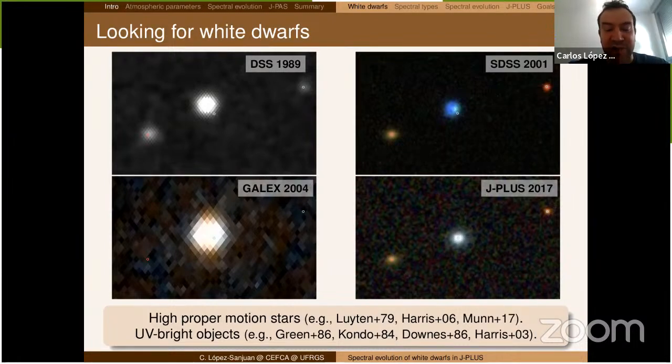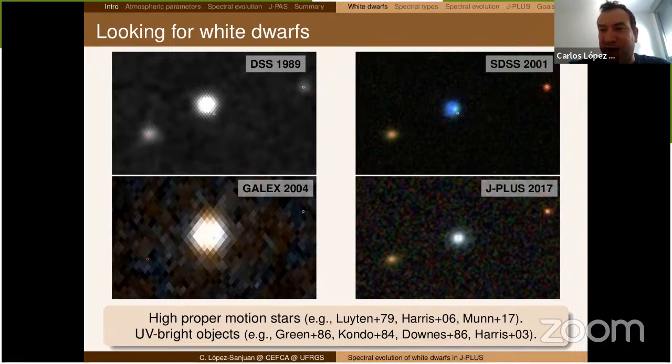The other way that we used was, for example, looking for bright objects in ultraviolet, because they are hot objects, so they are very bright in ultraviolet. So you can go to galaxies or to U band selected objects in the optical. You're going to have a lot of quasars also, but you're going to discover many white dwarfs.